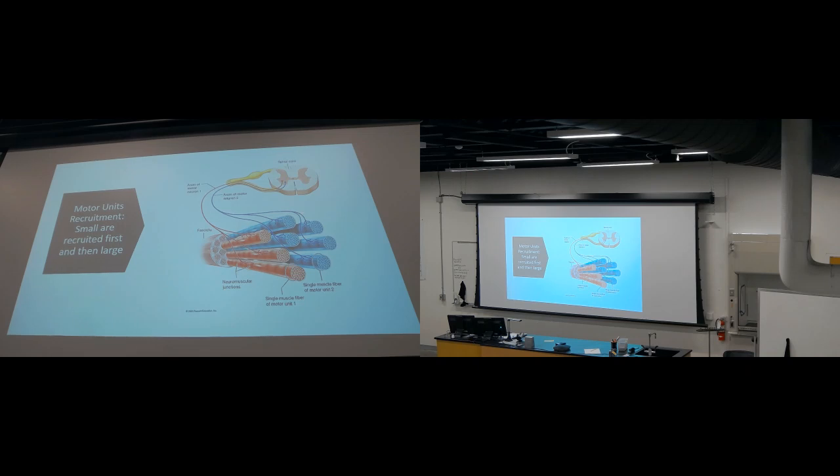This is an example. So then, when you are going to perform a contraction of a particular muscle that has a mixture of these motor units, you will recruit first the smaller ones, and then you continue with the larger ones.